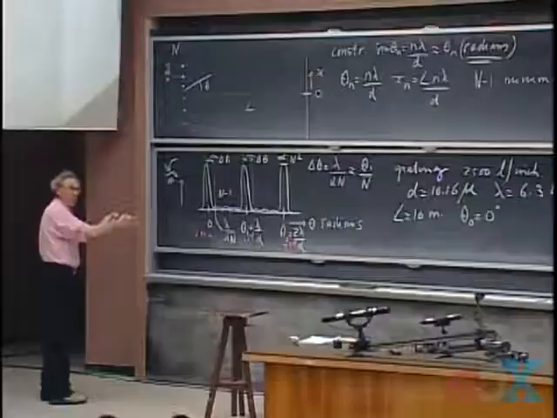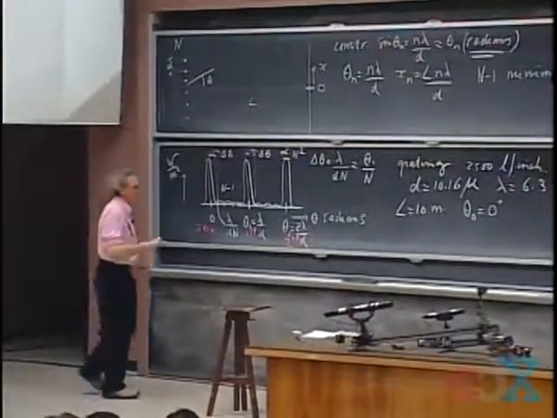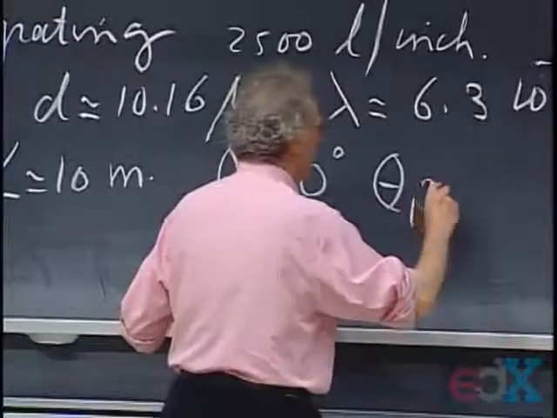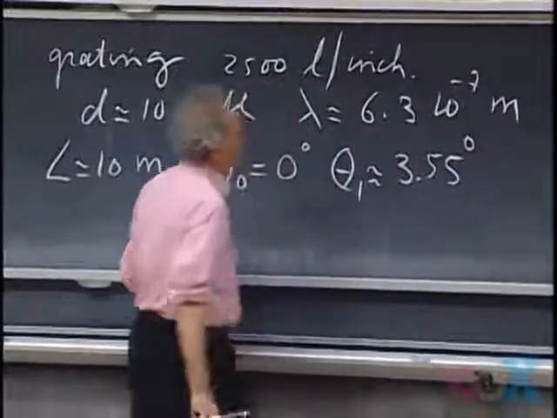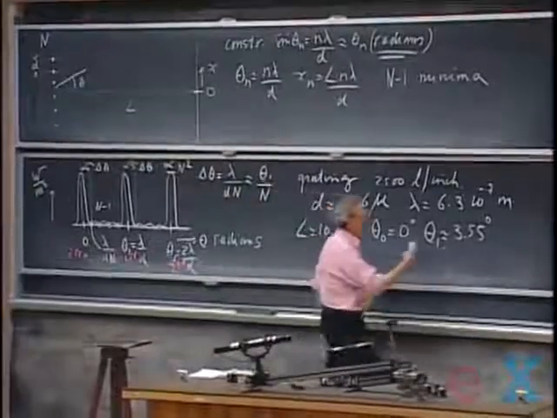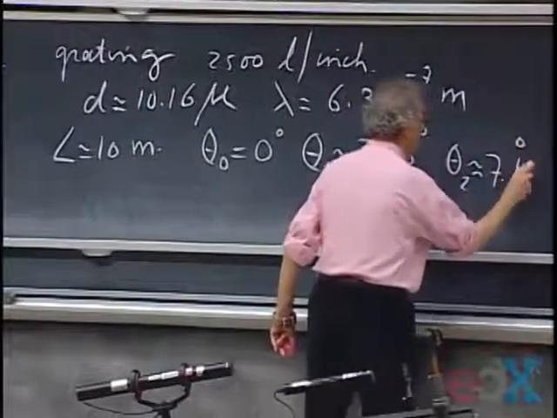They produce the same frequency, the same wavelengths, and they're all in phase with each other. So there will be a maximum at theta 1 equals 0. And then there will be a maximum which I calculated to be at 3.55 degrees. I calculated that from this equation, and then theta 2 will be at roughly 7.1 degrees.